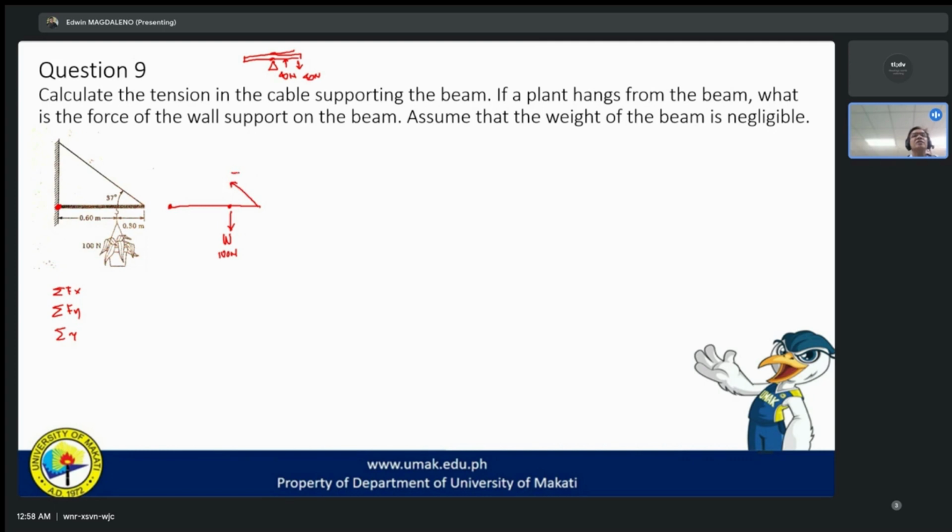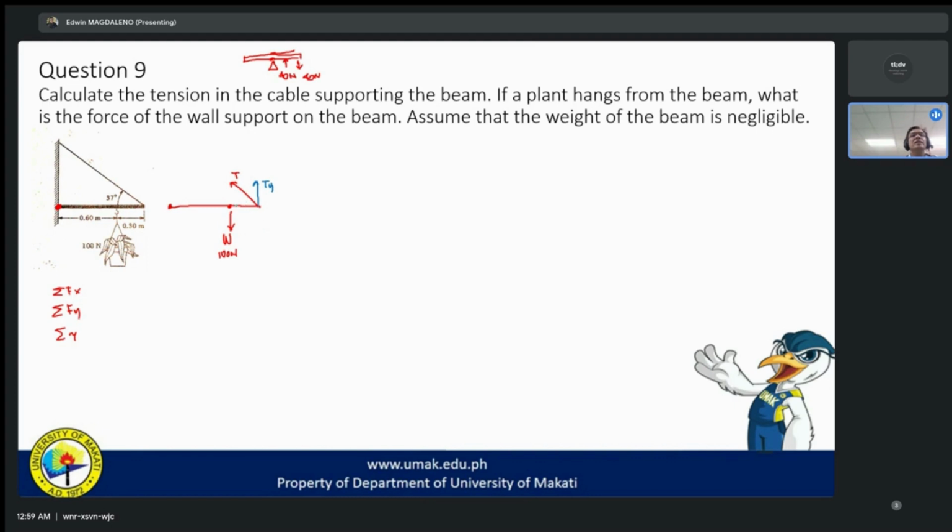So, meron tayong tension. But mind you, this tension has two components. Okay? It has two components. We have tension along the x and along the y. So, along the y, meron tension dito, P sub y.